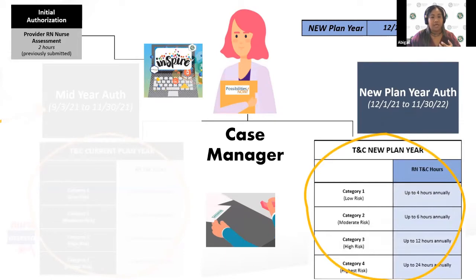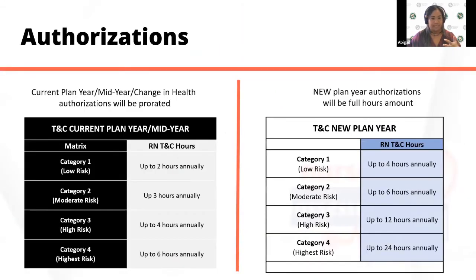So when we are talking about the black box or the blue box, the black box on your left, again, remember what I mentioned earlier. These are mid-year authorizations. Should there be a change in health condition for the current plan year, any of those things, that is where the TNC-RN hours are prorated.